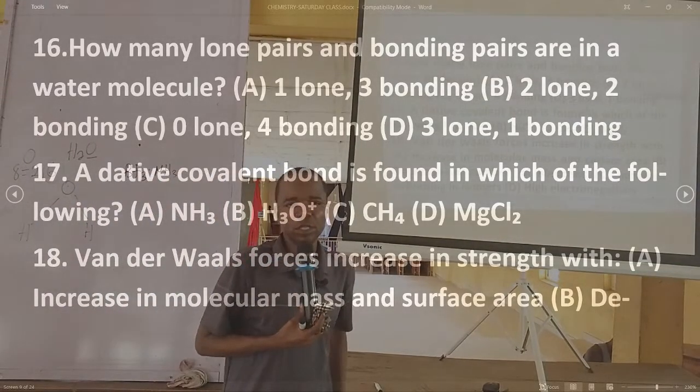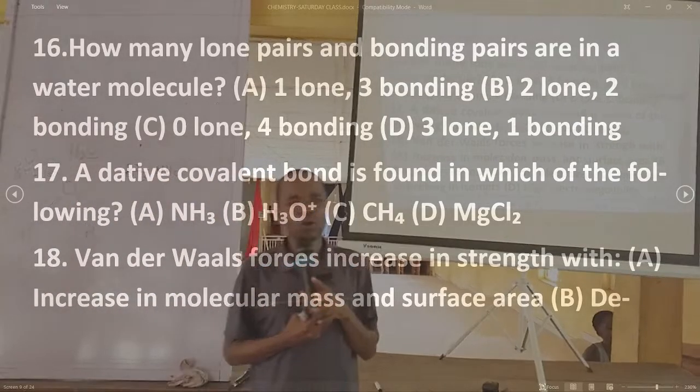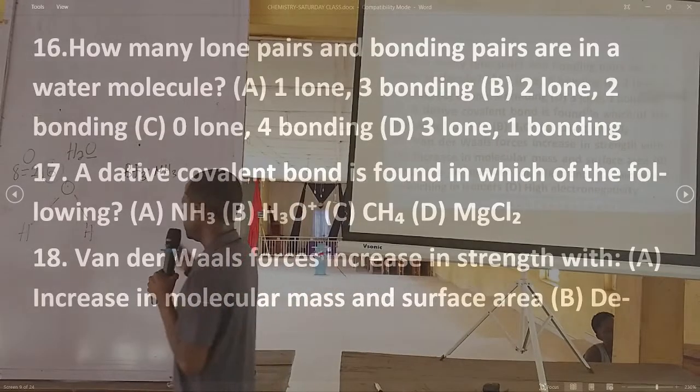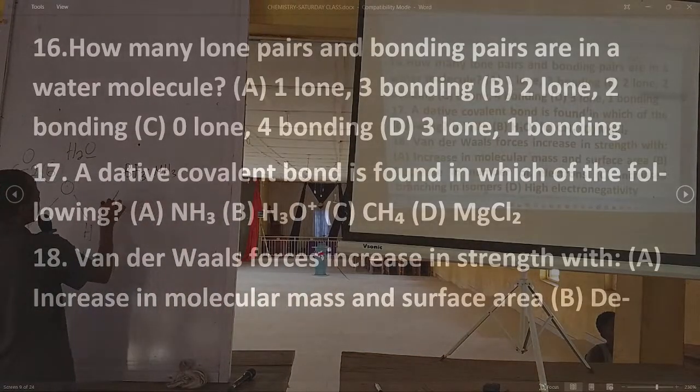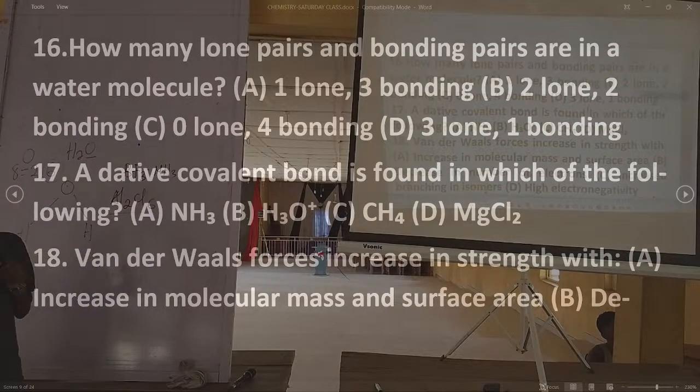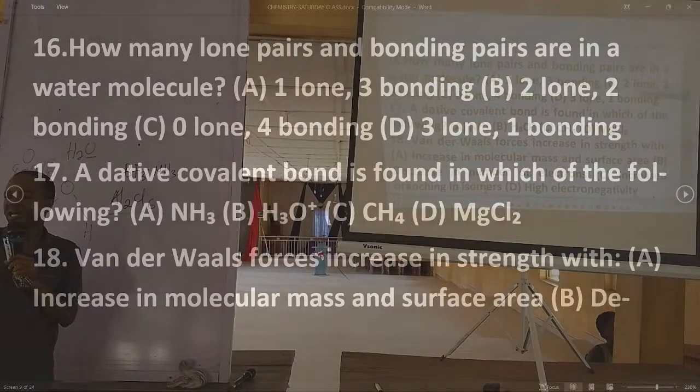And last but not the least, aluminium chloride dimer. The formula is Al2Cl6.